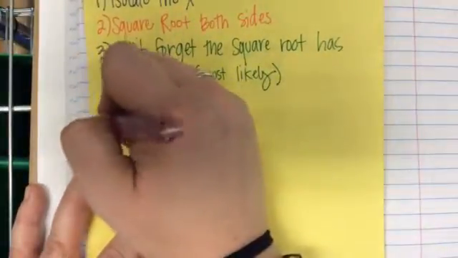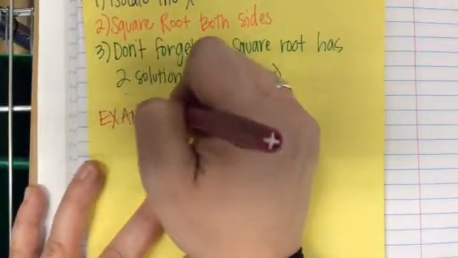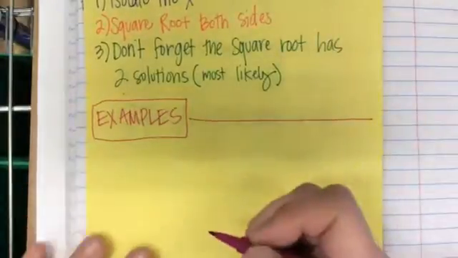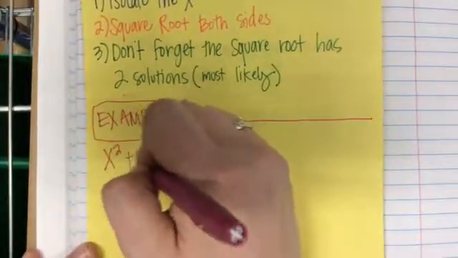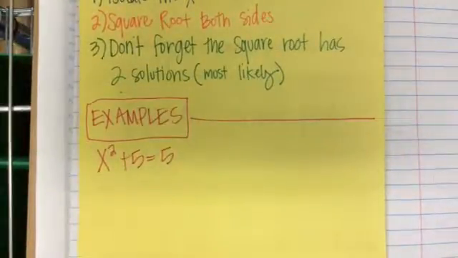All right, here we go. Examples. X squared plus 5 equals 5. Is it a quadratic? Yes. Could we graph it? Yes.